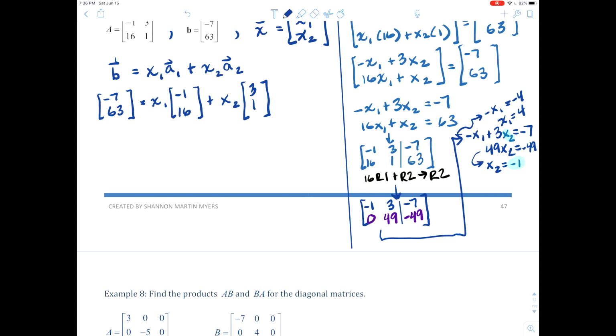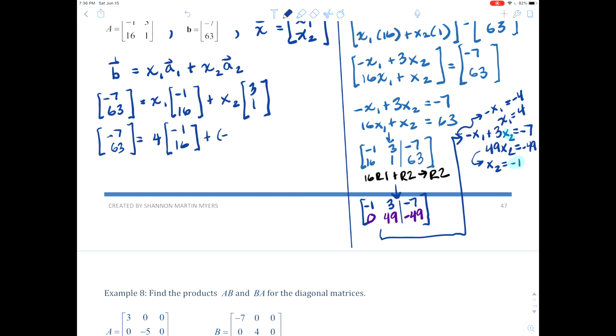So it turns out that the column matrix negative 7, 63 can be written as x1, which was what, 4, times negative 1, 16, plus x2, which we found to be negative 1, times 3, 1.